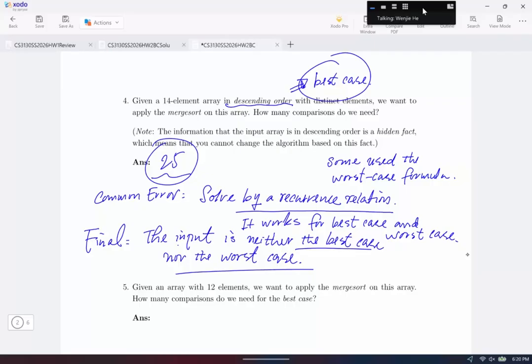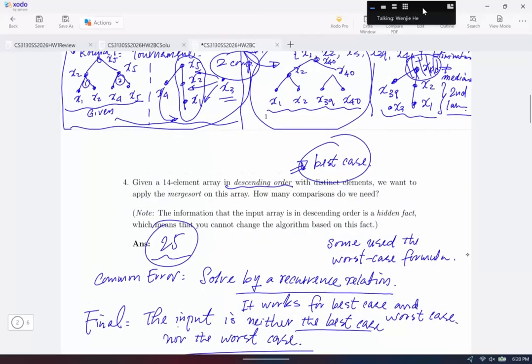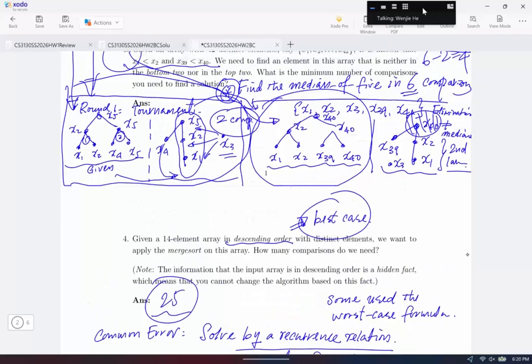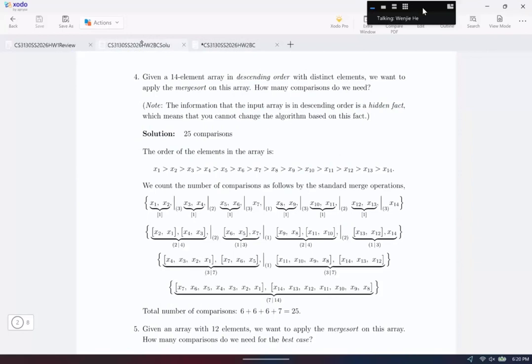Because no recursive formula can cover it, because it's too complicated to describe by any recursive formula. So you have to do the merge details. In my solution file, I give you the detail. So you can study it. Let me show you my solution file. Here, number 4.